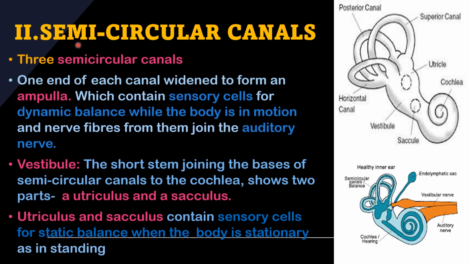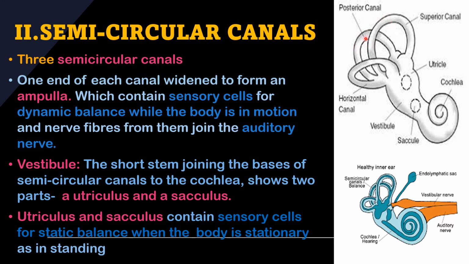The other part of the inner ear is the semicircular canals. Mainly there are 3 semicircular canals, you can see here. These 3 semicircular canals are arranged at right angles to each other in 3 different planes, so that one is horizontal and the other 2 are vertical.